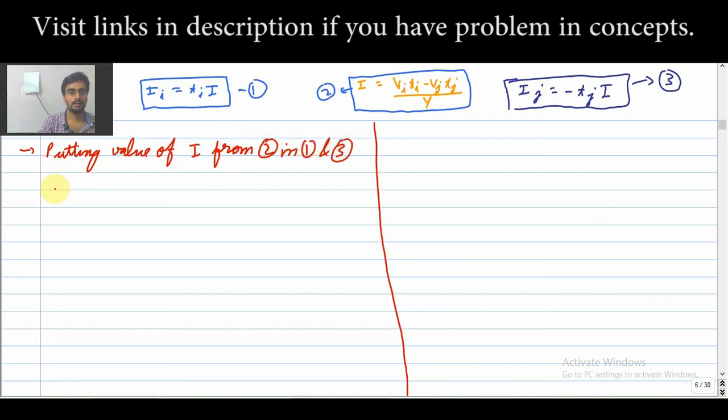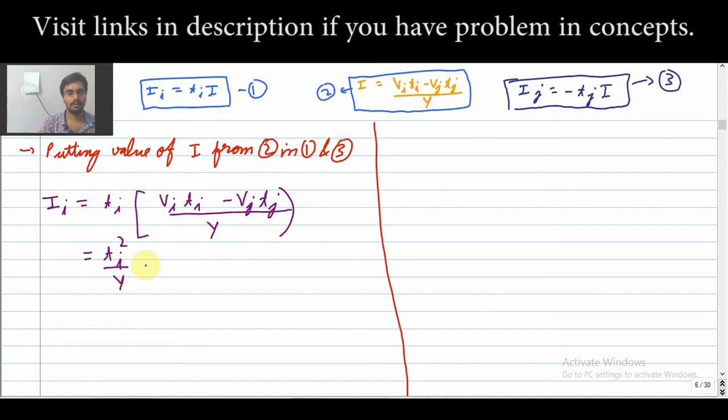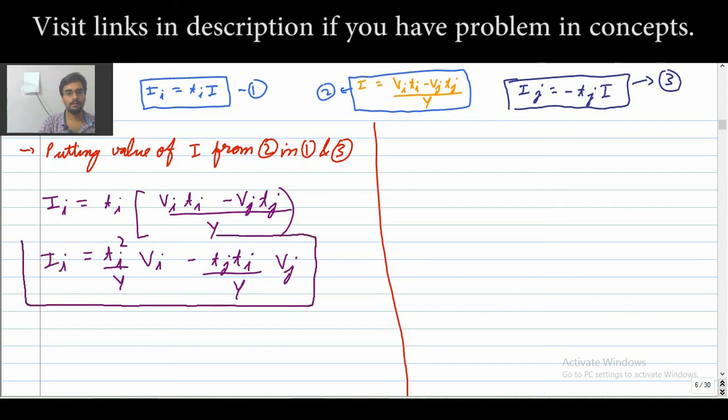What is Ii then? Ti into I is (Vi Ti minus Vj Tj) divided by y. So it comes out to be Ti square by y into Vi minus Tj Ti by y into Vj. That is my equation for Ii.